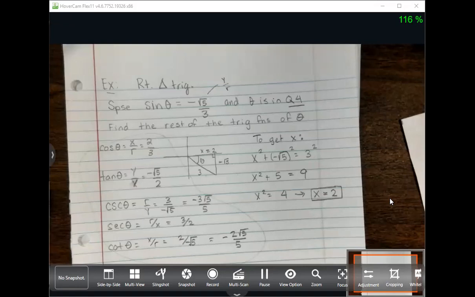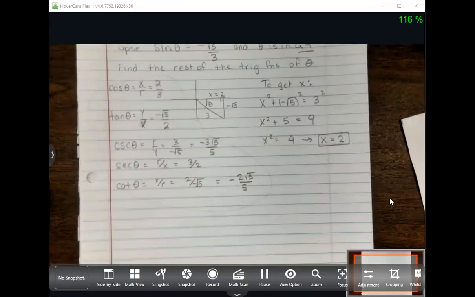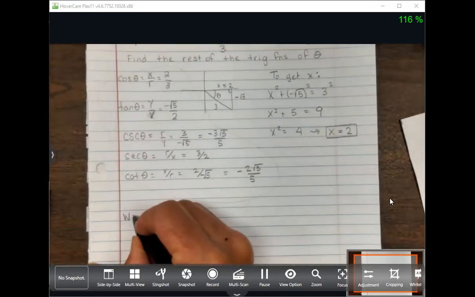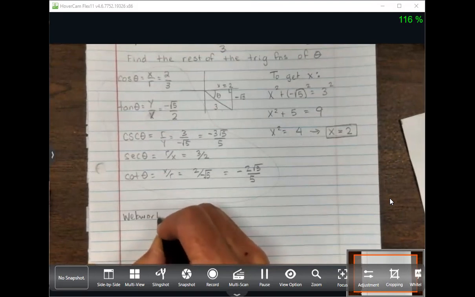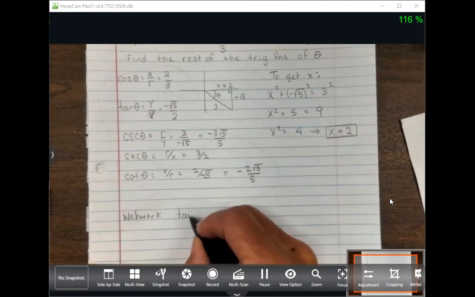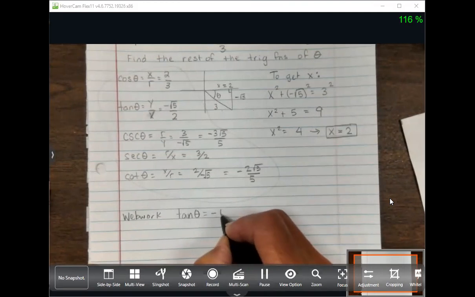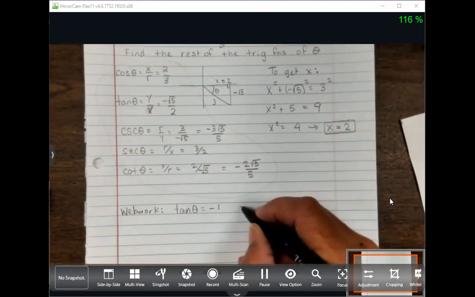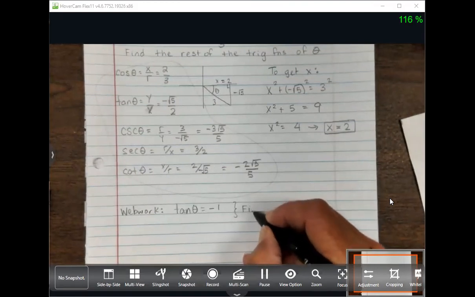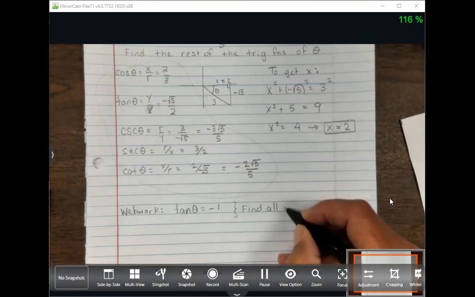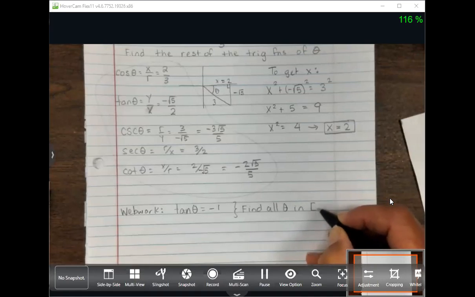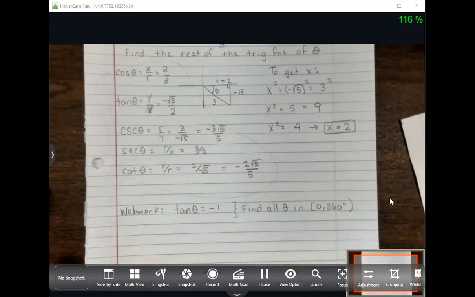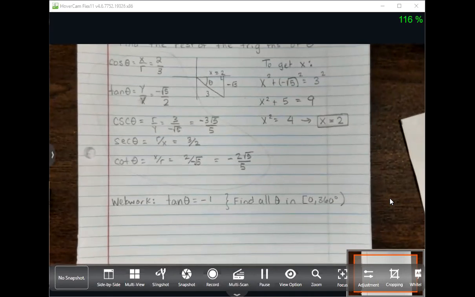Okay. I guess for the last problem, it gives us tangent theta equals negative 1, and we're going to find all values of theta in 0 to 360. Okay, so tangent is going to be a negative number in which 2 quadrants?